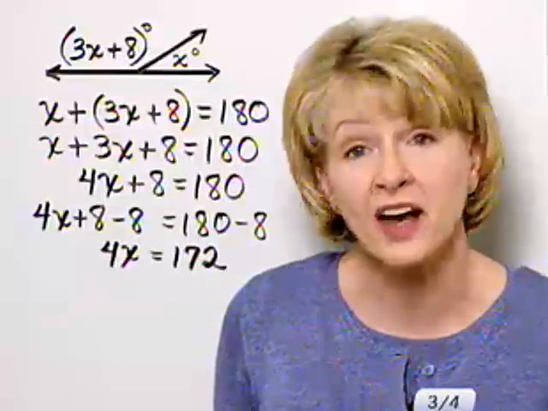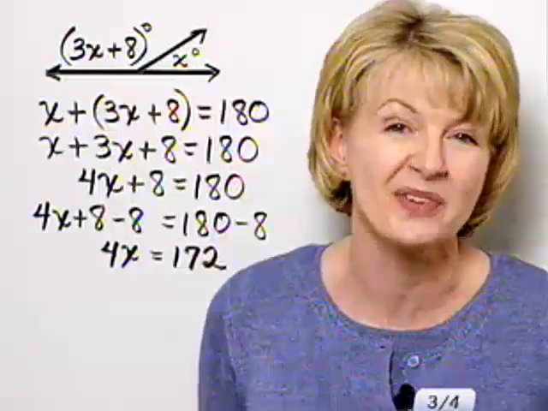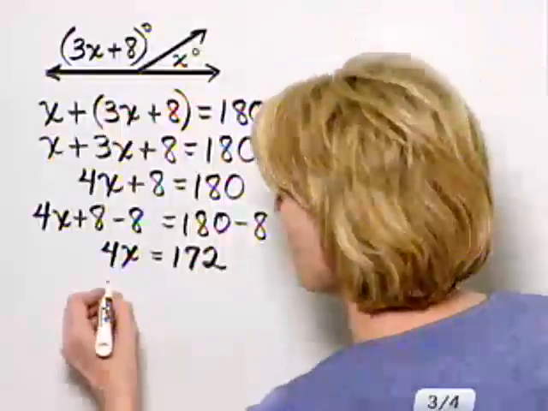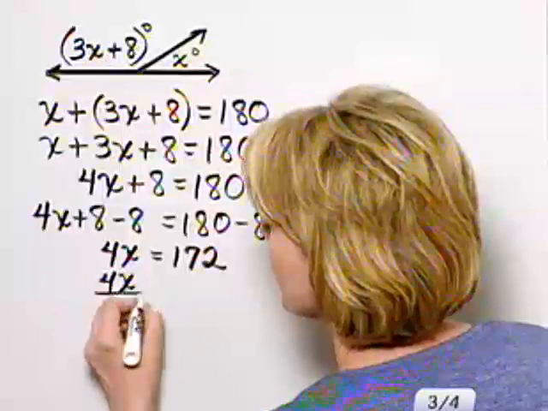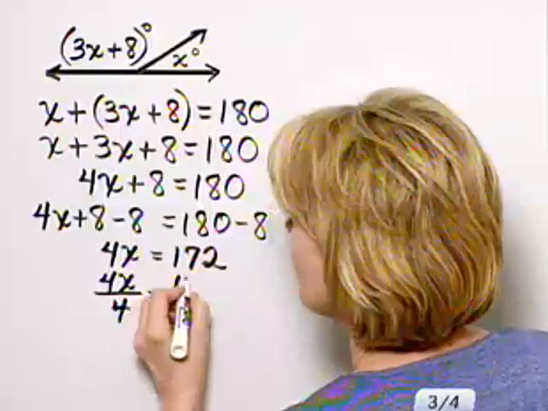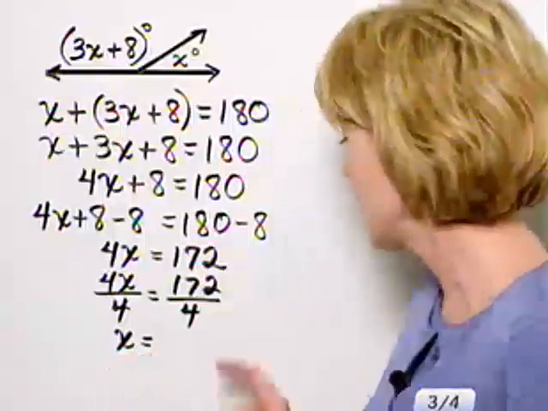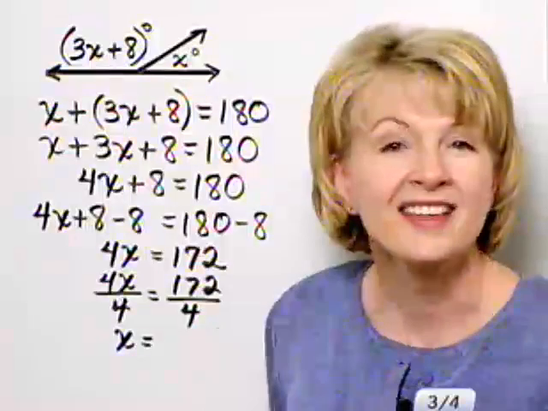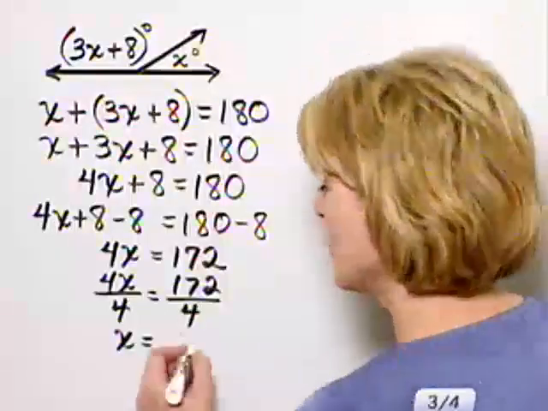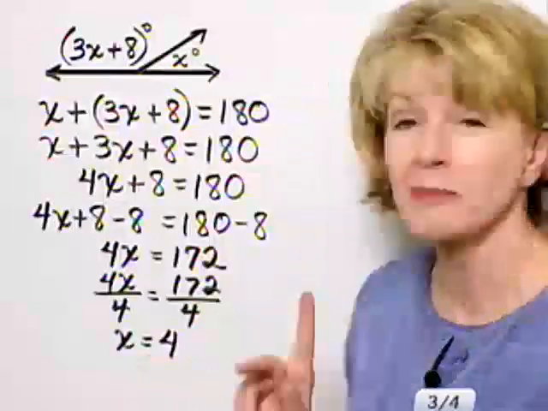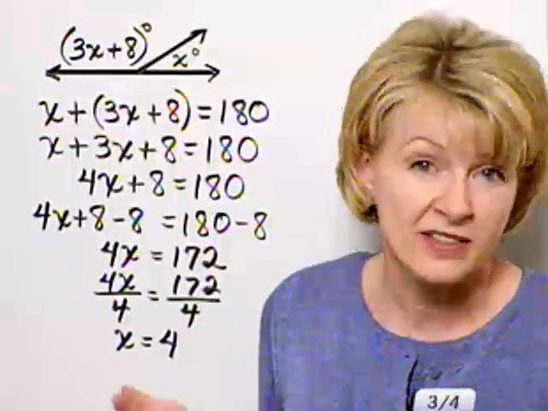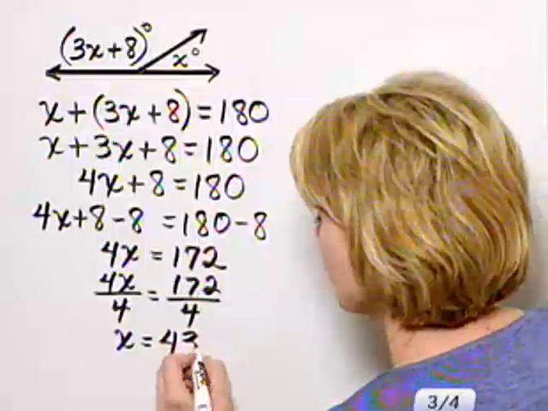I divide both sides of this equation by the coefficient of x, which is 4. I'll divide the left side by 4 and the right side by 4. And I'll have what? Let's see, 4 divides into 17 4 times with a remainder of 1, and then 4 divides into 12 3 times.